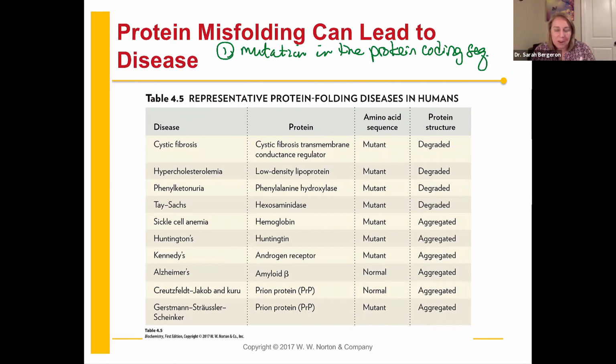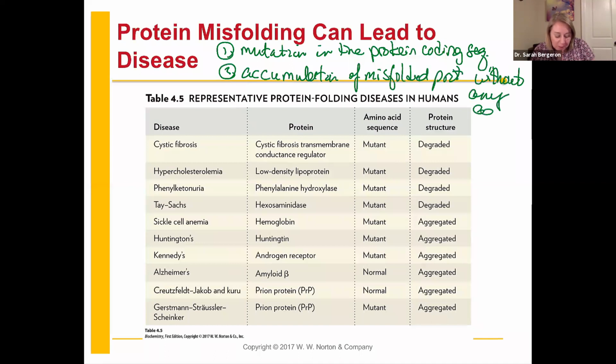So you have the mutation in the gene that leads to a difference in the protein sequence. Or 2, you can have an accumulation of misfolded proteins without any amino acid changes. Now that's really cool, and we're going to talk about each of them.